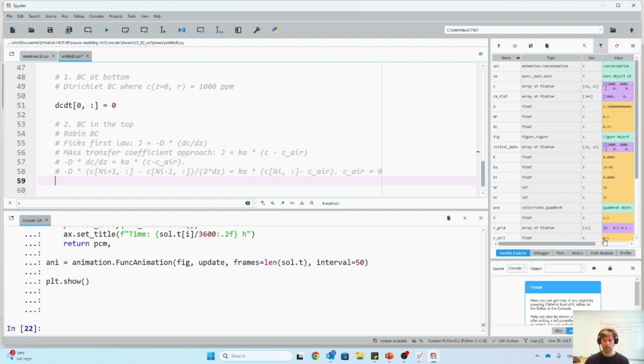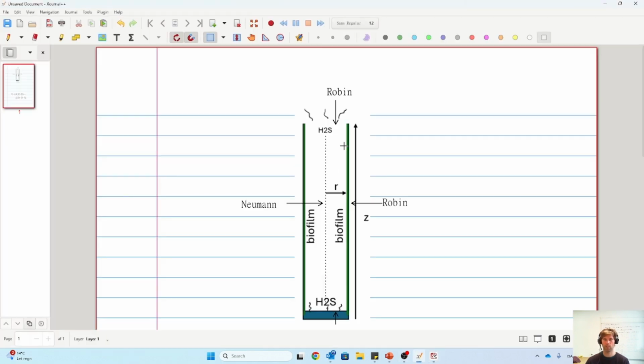However, because we are in the top and we also have a radial position, so far I've just shown you this column, which means all columns, but we actually still have diffusion along the r dimension. So you can imagine that we are at this point up here. We are modeling the flux in this direction, but we still have some movement of particles due to diffusion in this direction.